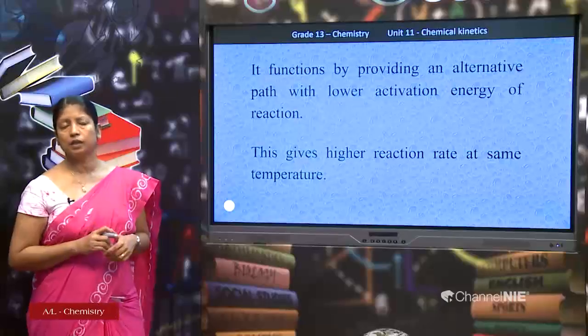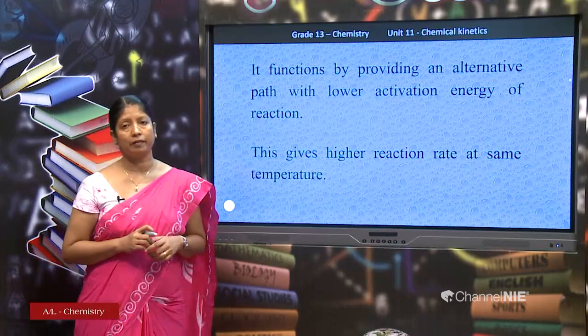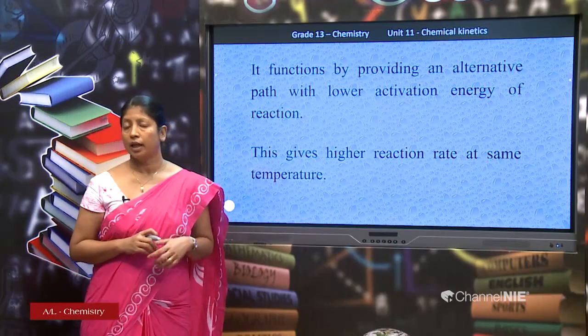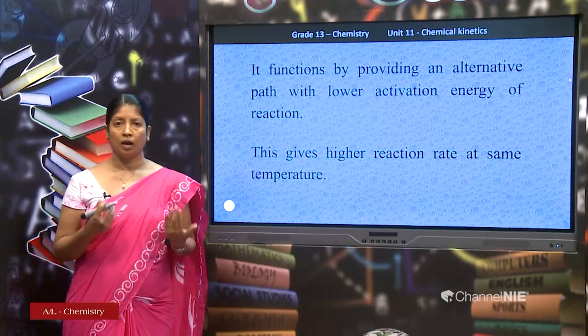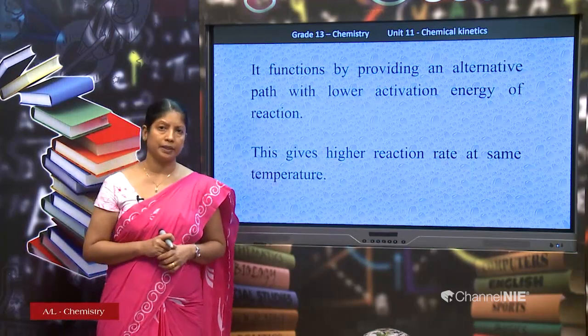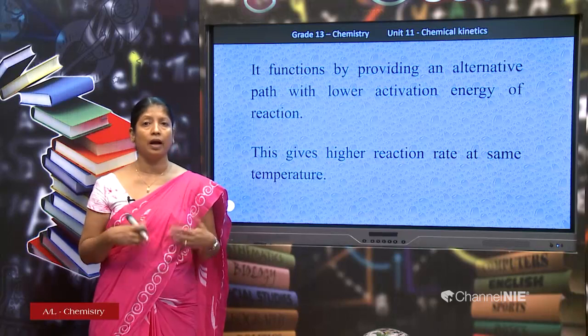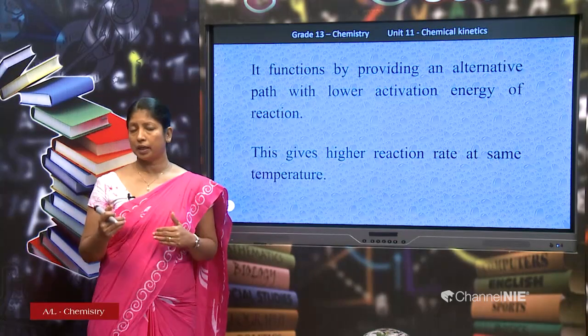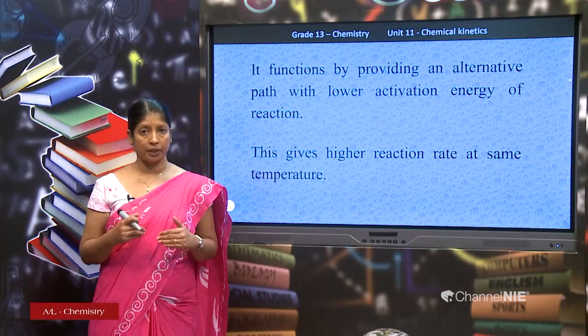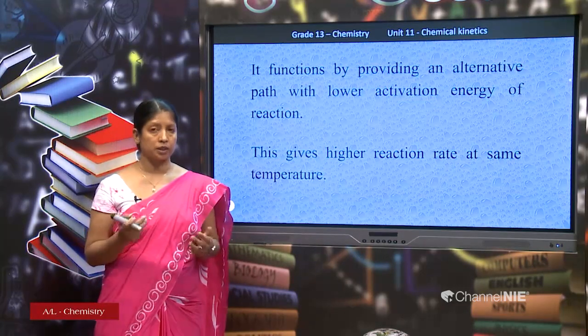The advantage of having a catalyst in the reaction is that the rate can be increased at the same temperature. One of the most important aspects of reaction rate is to have a higher rate industrially. In industry, we need to get the reaction done within a short time period to reduce the production cost. This can be done in two ways.